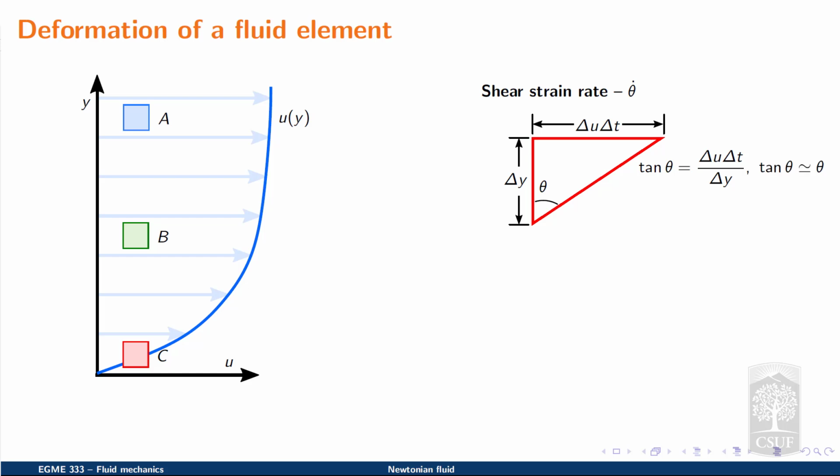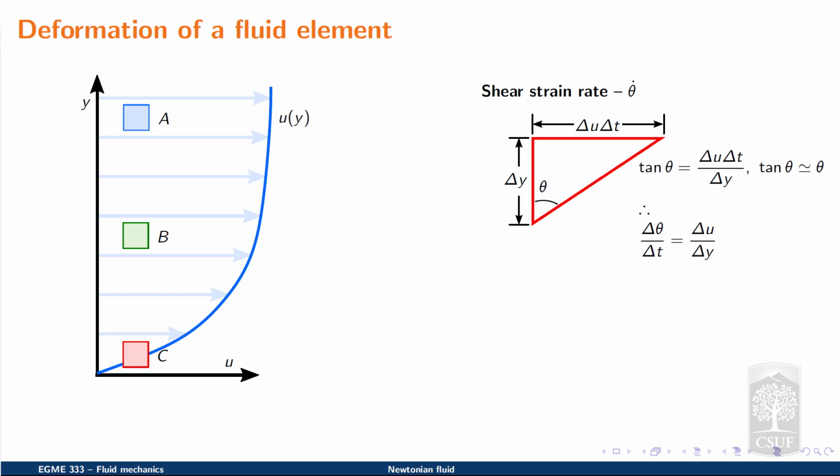By using a small angle approximation, where the tangent of the angle theta can be approximated simply as theta, we can simplify this expression as the angle theta is approximately equal to delta u times delta t over delta y.